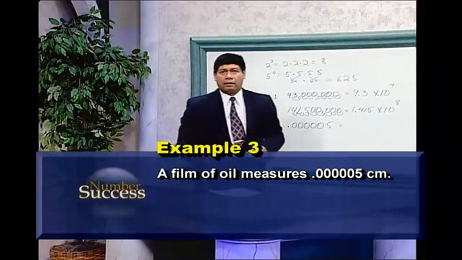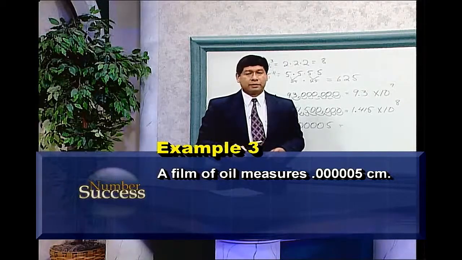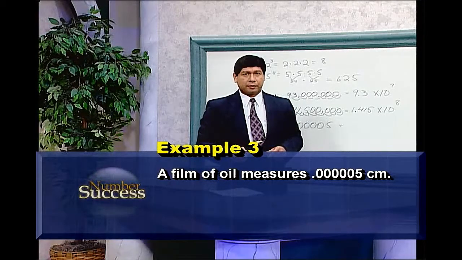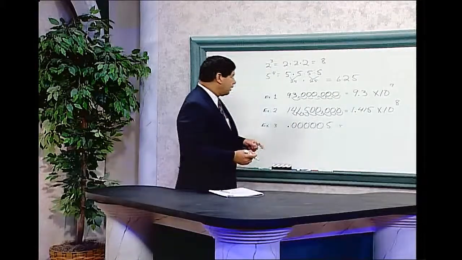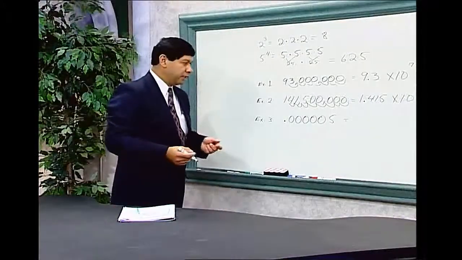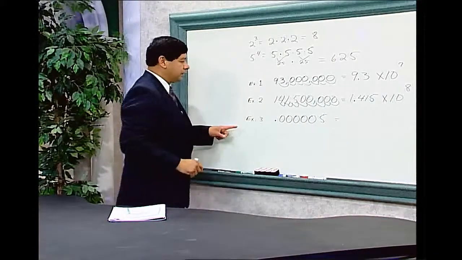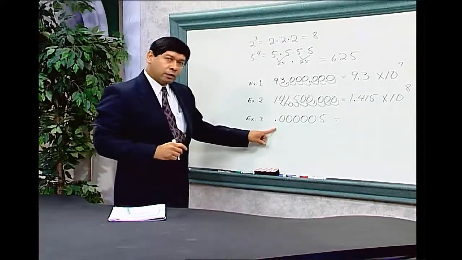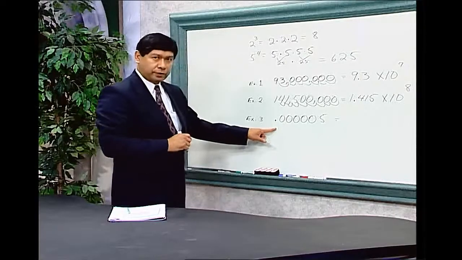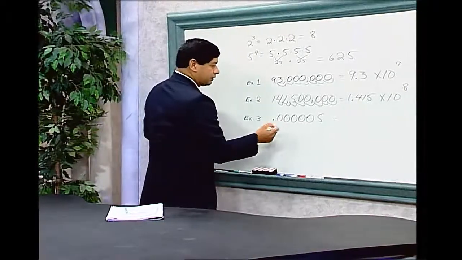Example 3. A film of oil measures 0.000005 centimeters. Again, we're going to write this in scientific notation. Now the difference between the first two examples and example 3 is that now we're moving the decimal point to the right. So let us move.